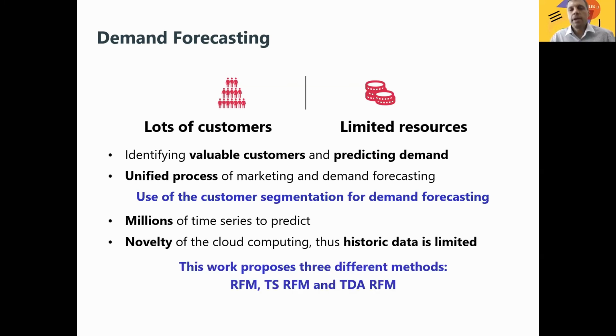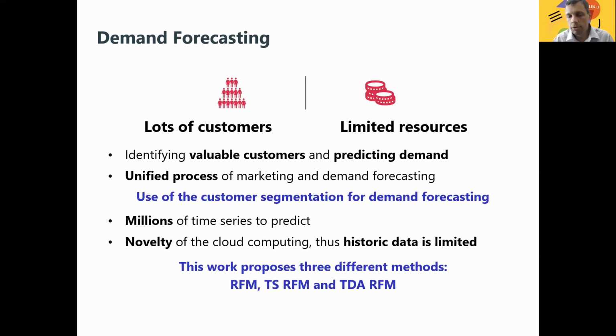The problem is that we could have millions of time series, and we cannot construct specific features for each time series and then apply, for example, gradient boosting. So we need some automatic algorithm that can be used to predict all these millions of time series.